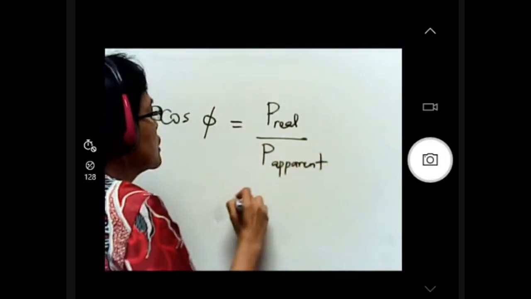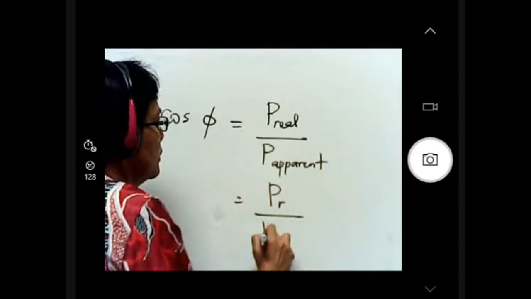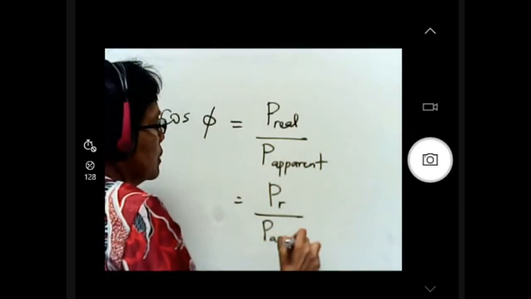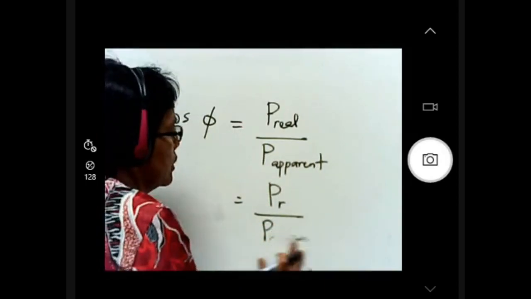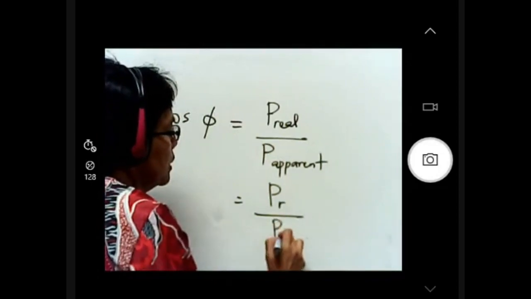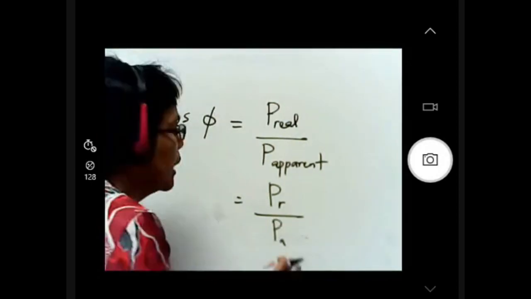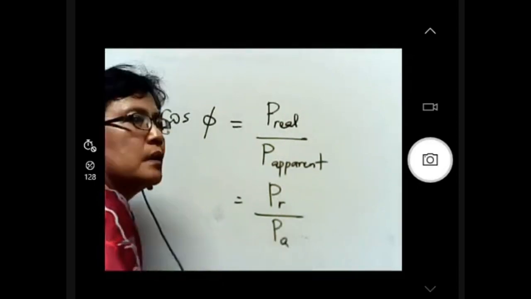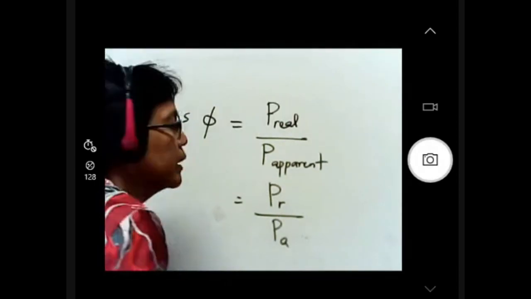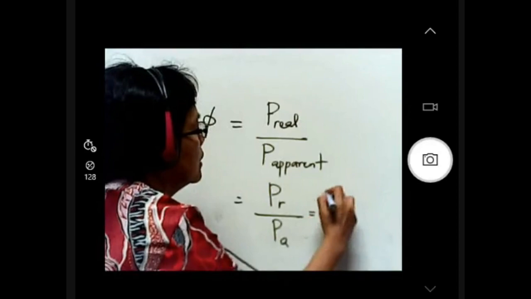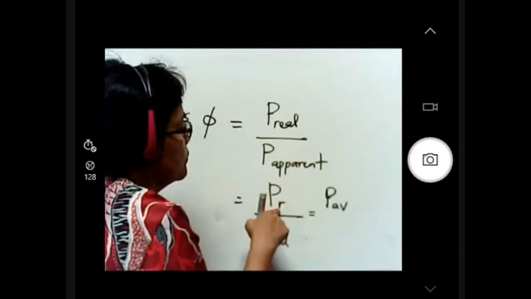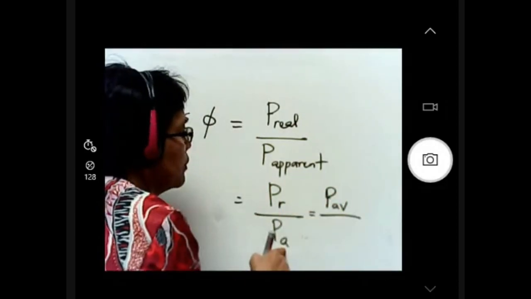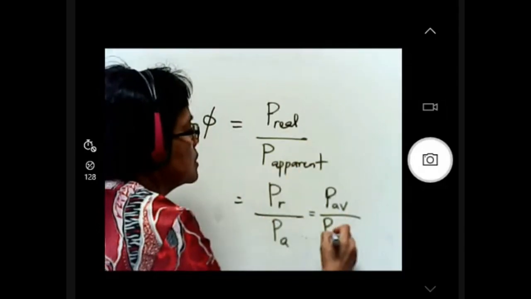So we just use the symbols, P_R over P_A. Apparent here means P RMS, and P real means P average.